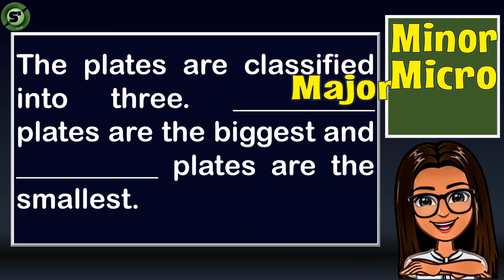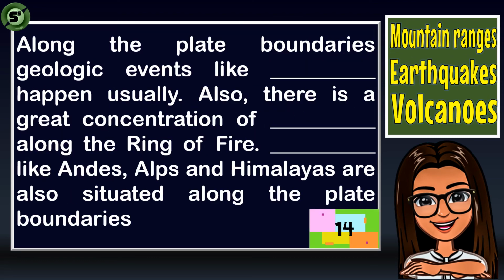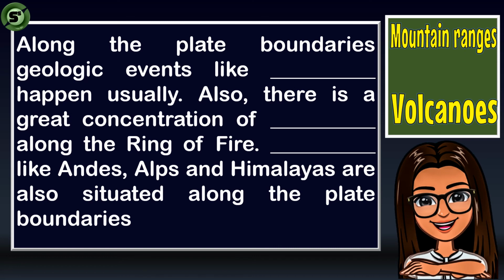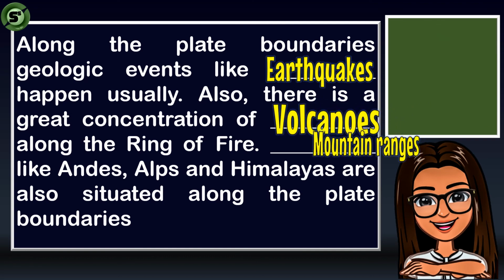Major plates are the biggest plates and microplates are the smallest. Along the plate boundaries, geologic events like earthquakes happen usually. Also, there is a great concentration of volcanoes along the Ring of Fire. Mountain ranges like the Andes, Alps, and Himalayas are also situated along the plate boundaries.